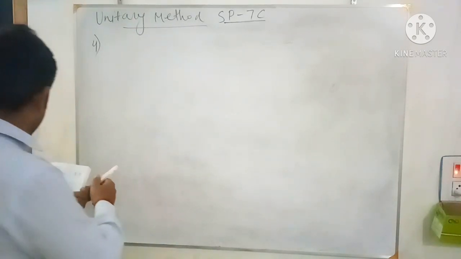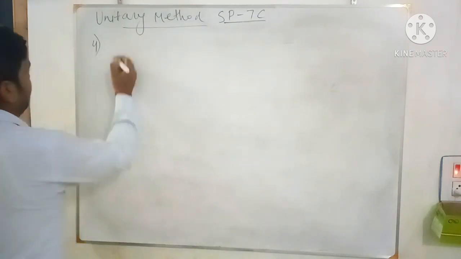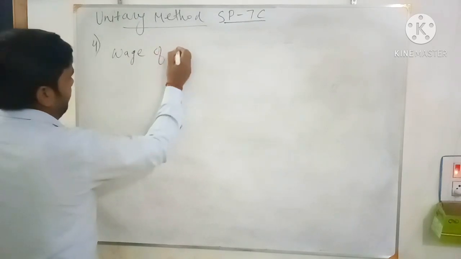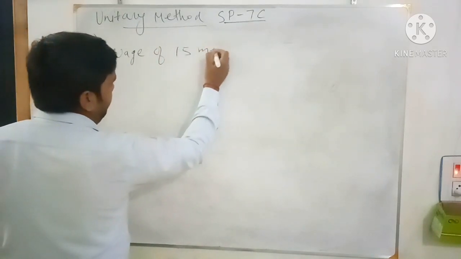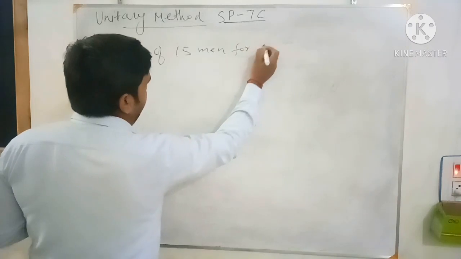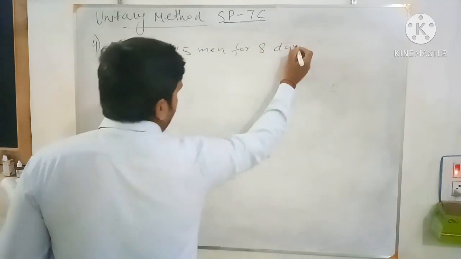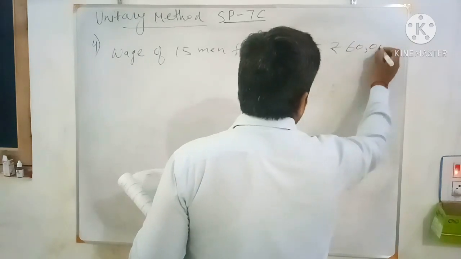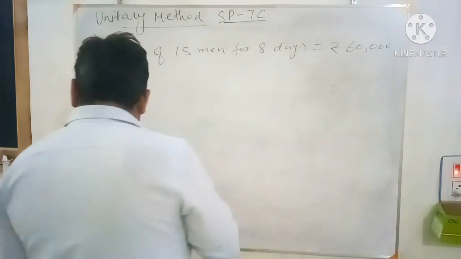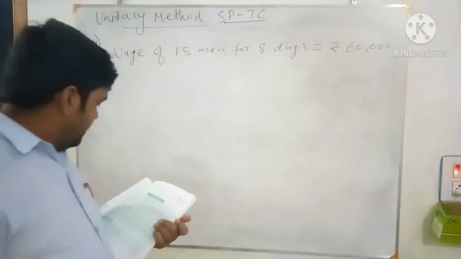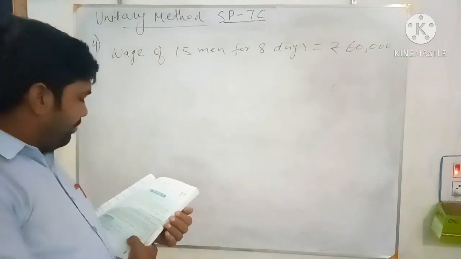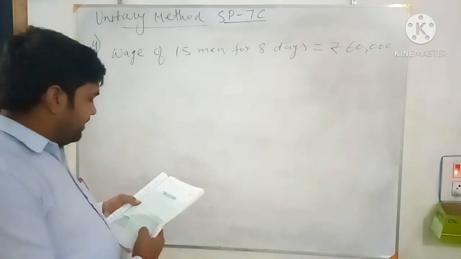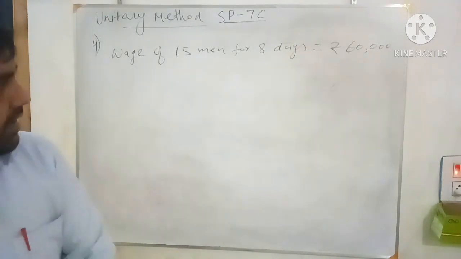So the wage of 15 men for 8 days equals rupees 60,000. So how much would they receive for 14 days?